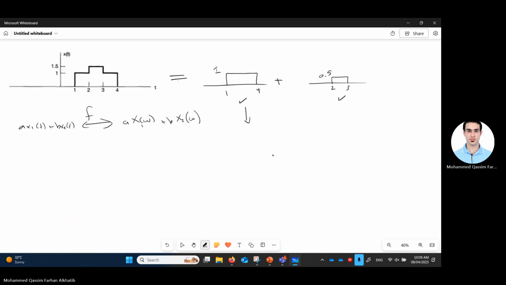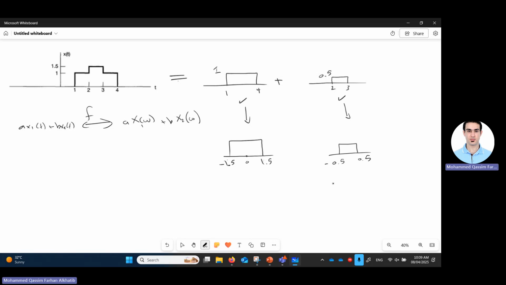So the length is 3, and if I want to center it at 0, what will be these two values? Length 3 divided by half, negative 1.5 to 1.5. How about this one? Negative 0.5 to 0.5.